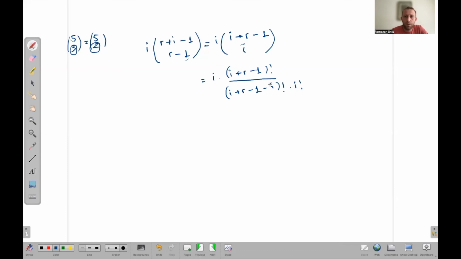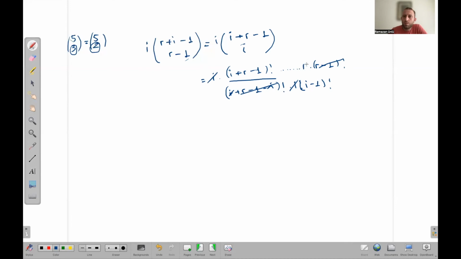So this will be the r minus 1. And let's open this one until the r minus 1 factorial. So it will become r times (r minus 1) factorial, right? And these two guys will cancel out each other. And if I open this one, i times (i minus 1) factorial, these two i's will be canceled. Okay, so let's do another trick.